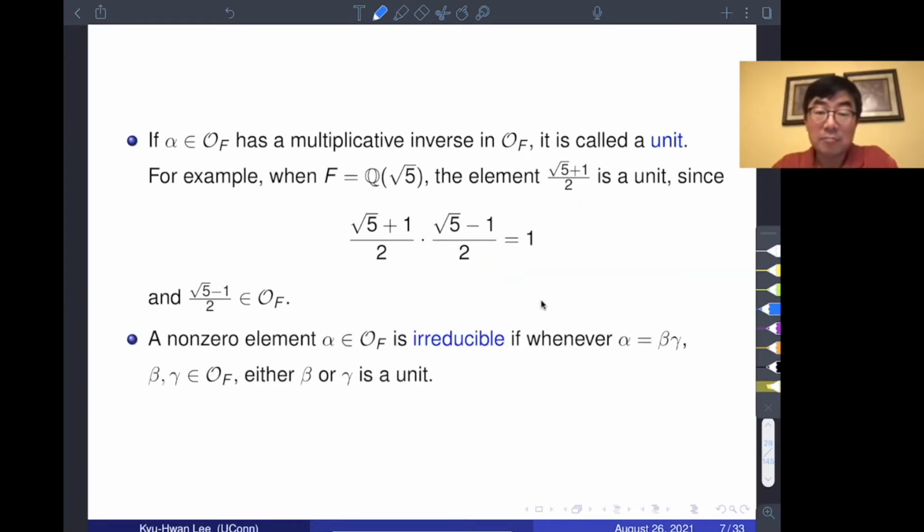And a non-zero element alpha is irreducible if whenever we have this decomposition, one of them is a unit. Okay, so slightly different from prime numbers. Prime numbers are irreducible, but the converse is not true in general.